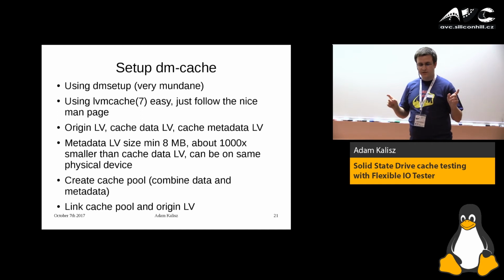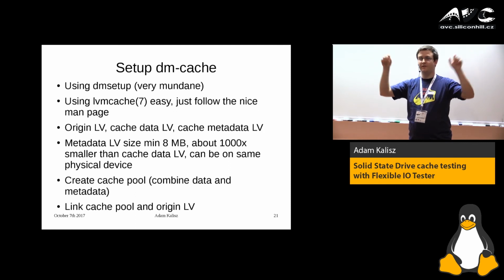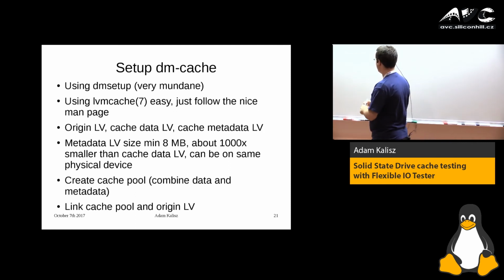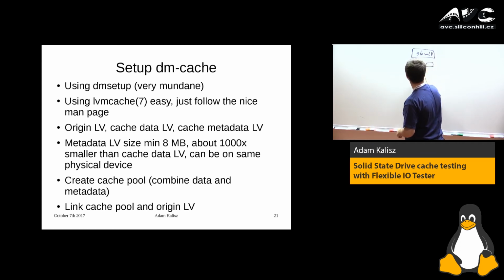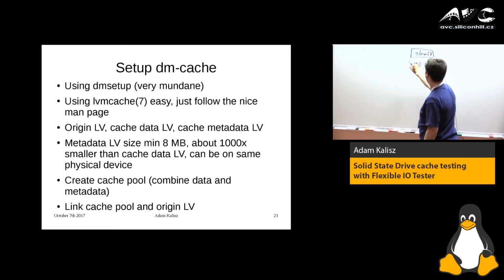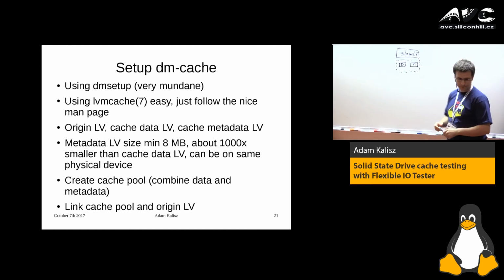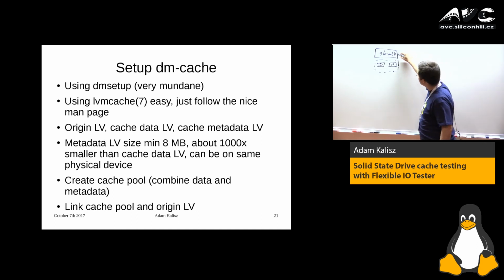Then you create a cache pool from those two, from the cache data logical volume and the cache metadata logical volume. So now you have three logical volumes: the slow one, and then the metadata and data logical volumes, which you put in one pool logically, and then you link those two, and that's it.